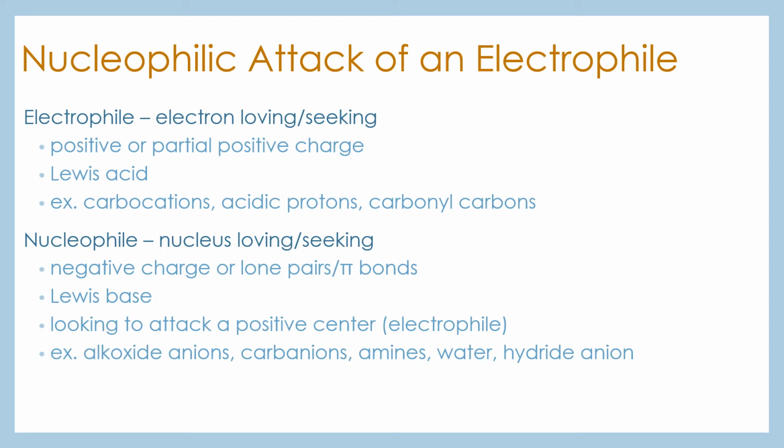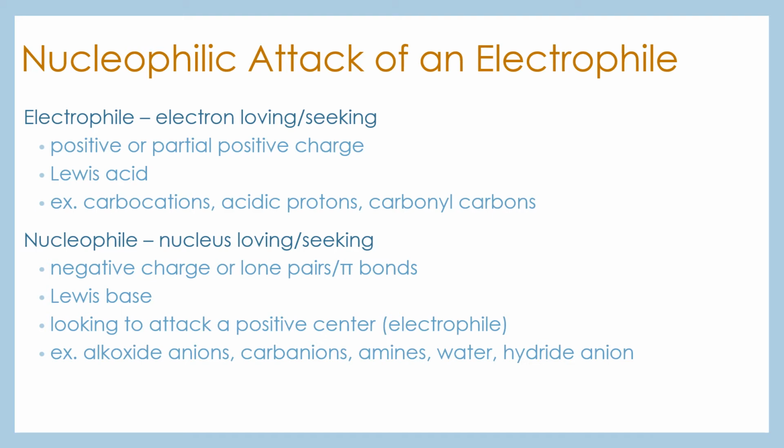Our next pattern is the nucleophilic attack of an electrophile. Before we can look at this, we have to go over some vocabulary here. Electrophile literally means electron loving or seeking. This is something that is either positively charged or has a partial positive charge. It is going to be a Lewis acid, and good examples of this are carbocations, acidic protons, and carbonyl carbons.